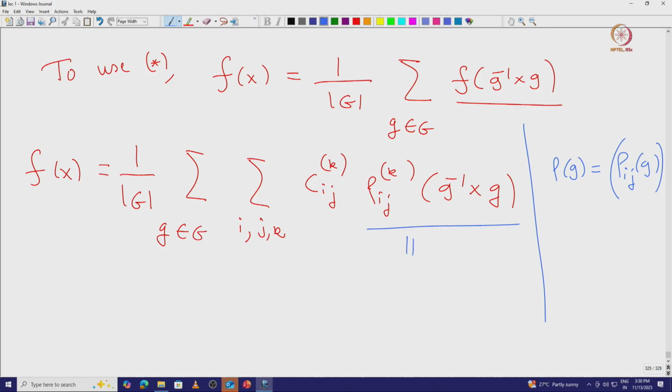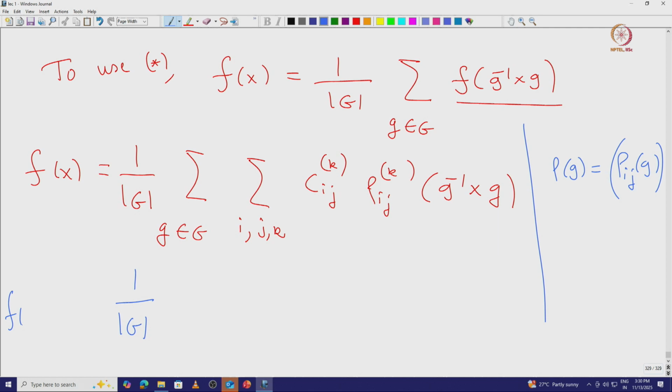We are only interested in the ijth coefficient, so we can write it as follows. Let us not rush. We can write it as 1 divided by the cardinality of G, and maybe one can take that inside.